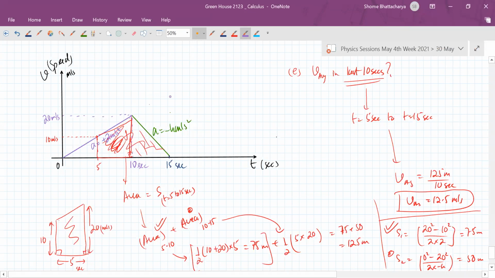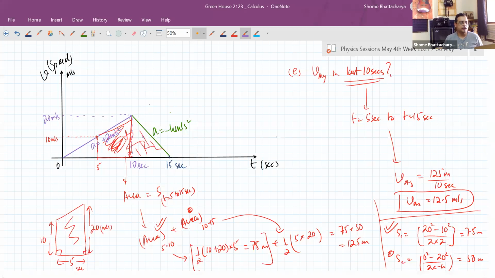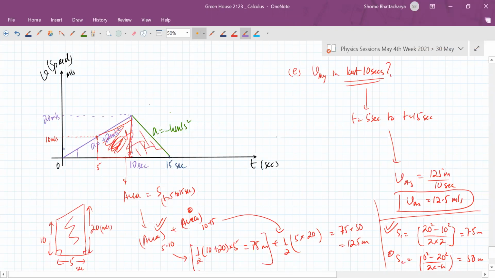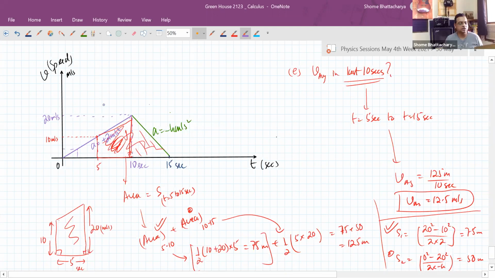So at any instant of time less than 10 seconds, the instantaneous speed will be the slope of this; I mean, it will be the value of velocity that you get from this. For example, if I ask you the instantaneous speed at 2 seconds, it will become 4 meters per second. You can use the equation v is equal to u plus at for that.